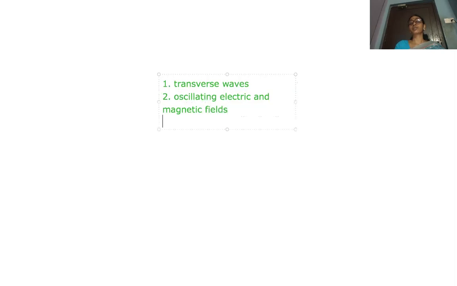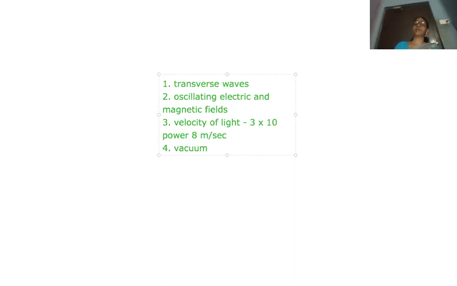Then they travel with a velocity equal to the velocity of light. So what is the velocity of light? It is 3 into 10 to the power of 8 meters per second. They travel in vacuum, they don't need a material medium to travel. So these are the important characteristics of electromagnetic waves.